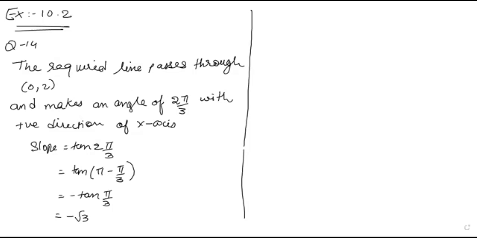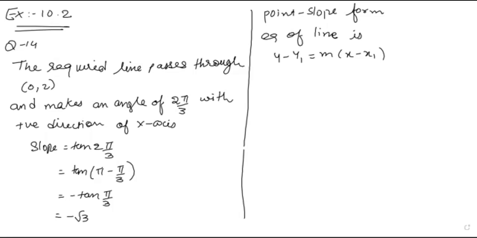So my slope will be minus root 3. Here we will apply point slope form. Equation of line is y minus y1 is equal to m into x minus x1.